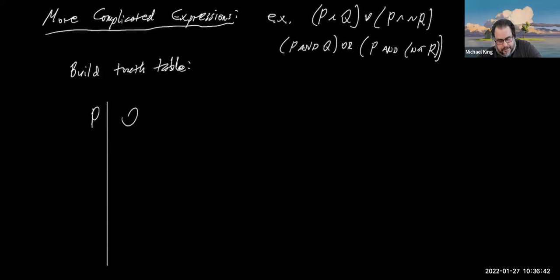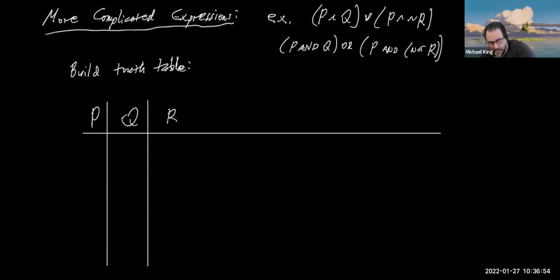We have Q. And we have R. And now, what are the possibilities here? How many possibilities are there with three statements for all the true-false combinations? Somebody tell me.